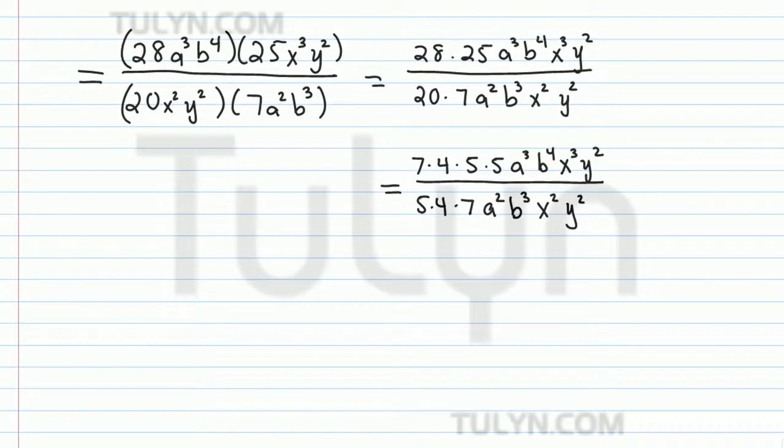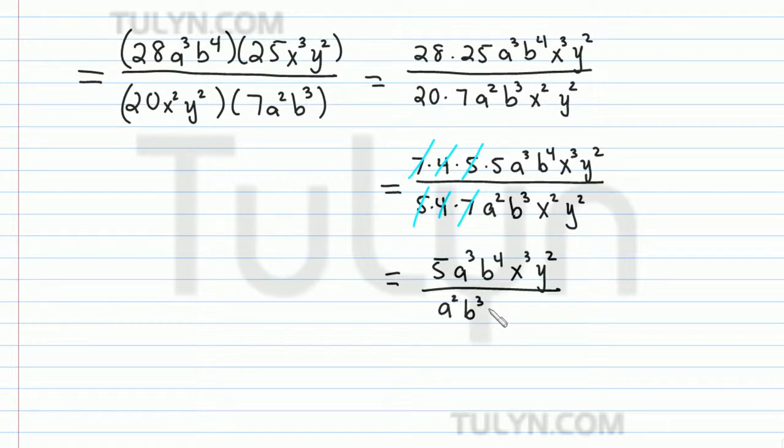So now some of the numbers, notice they cancel out. There's a 5 in the numerator and the denominator, and there's a 4 in the numerator and the denominator, and there's a 7 in the numerator and the denominator. So we canceled a lot of numbers out. So our expression now looks like 5a cubed b to the fourth x cubed y squared over a squared b cubed x squared y squared.